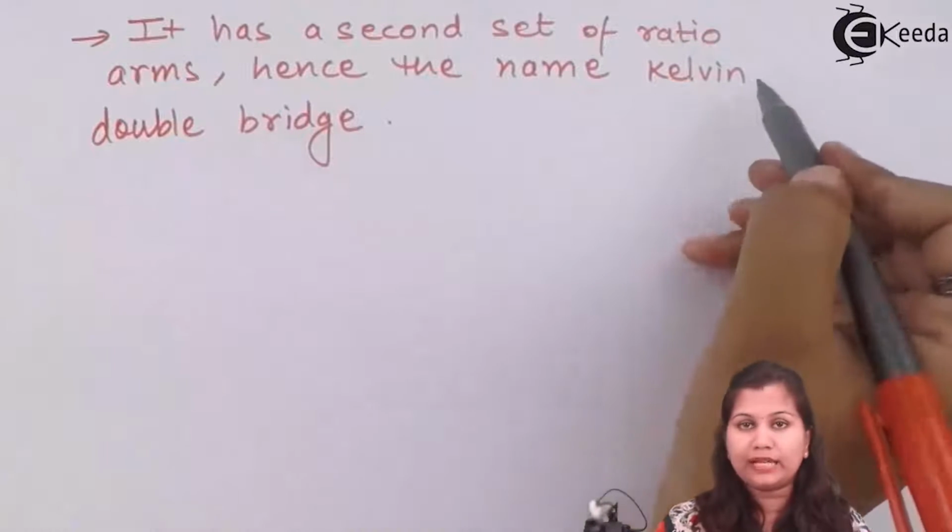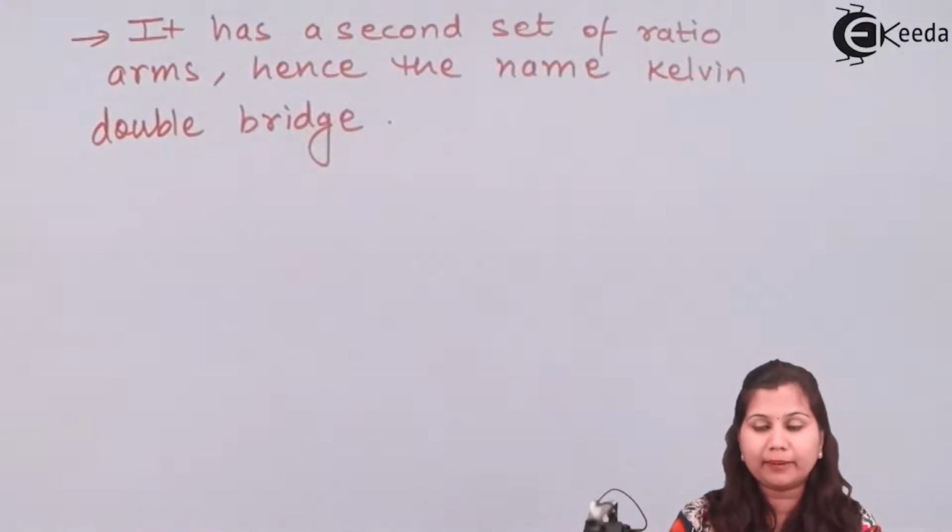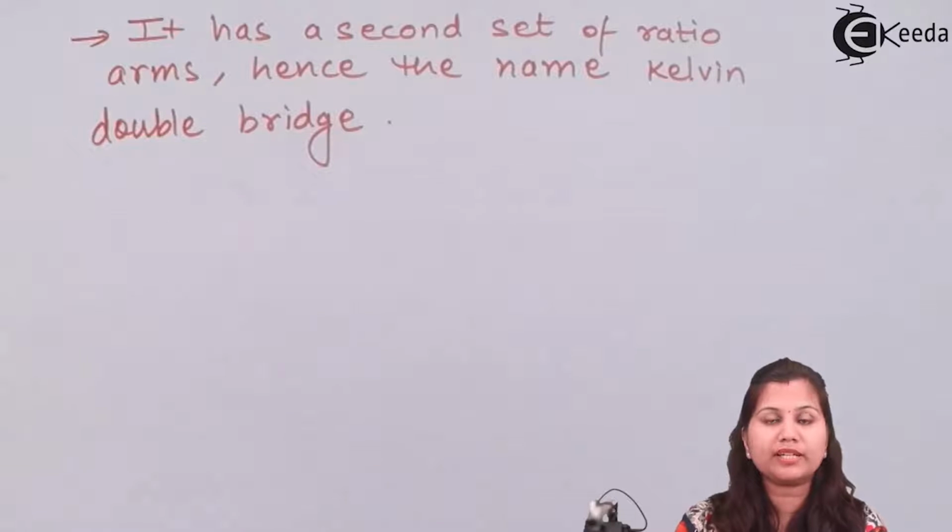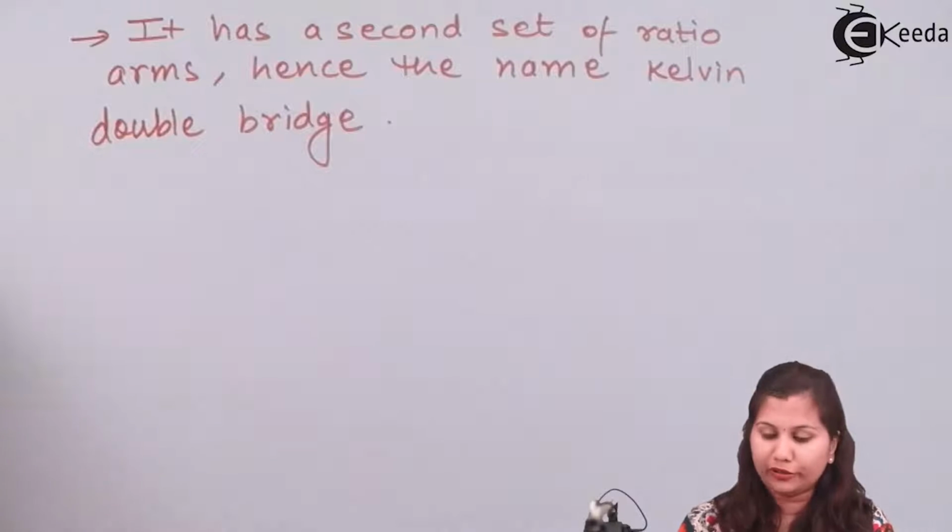Kelvin is the name of the scientist who developed this bridge, and double bridge because here we are having a second set of ratio arms.